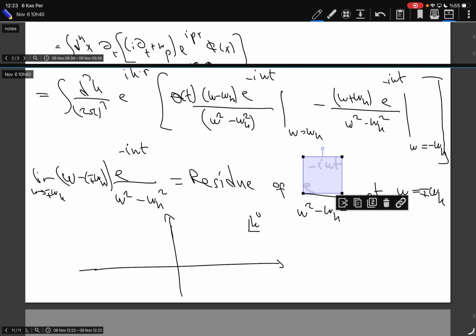And if t is positive, I should close it from below, and the residue at omega equal to omega k should be within my contour. So this is one of the poles that I should have.